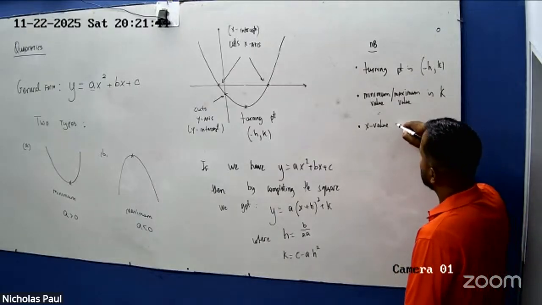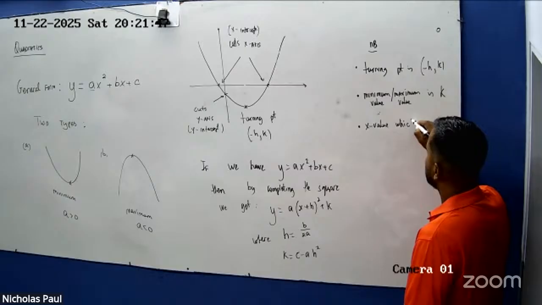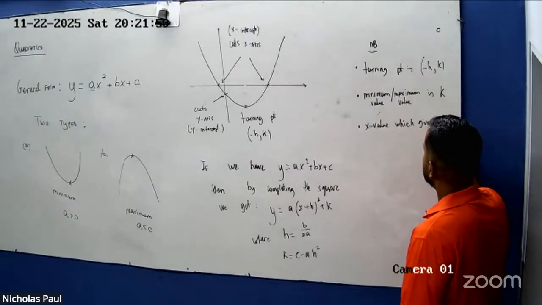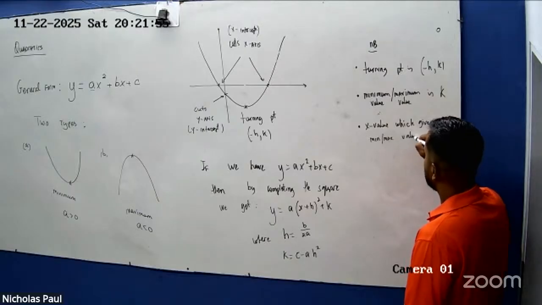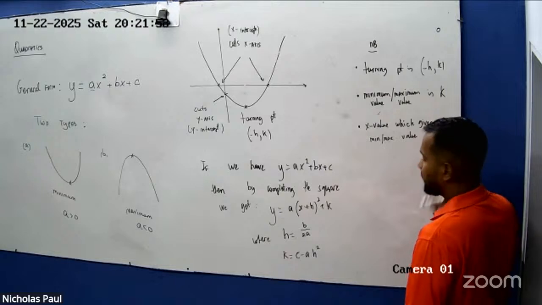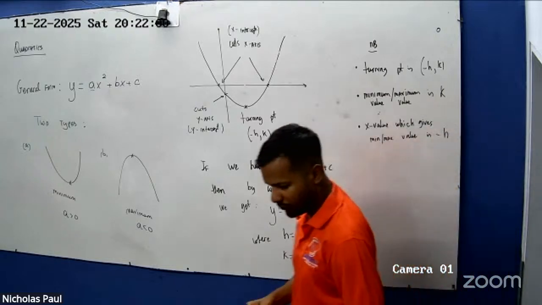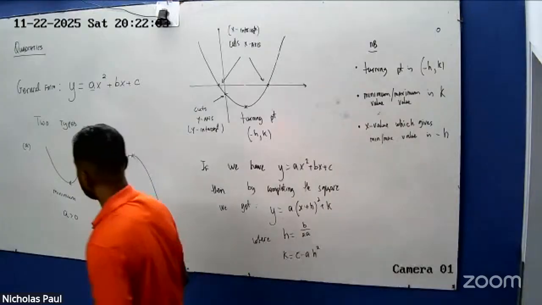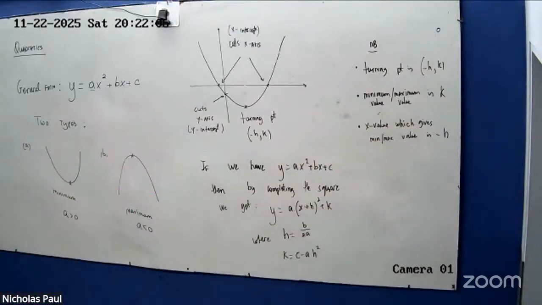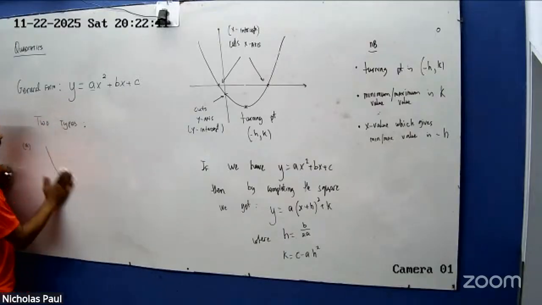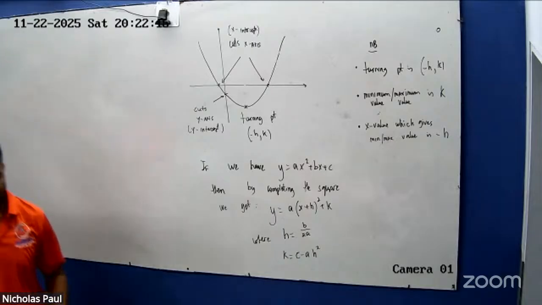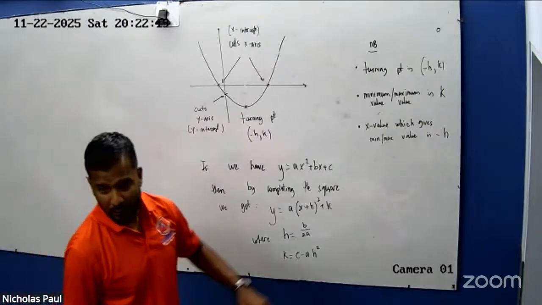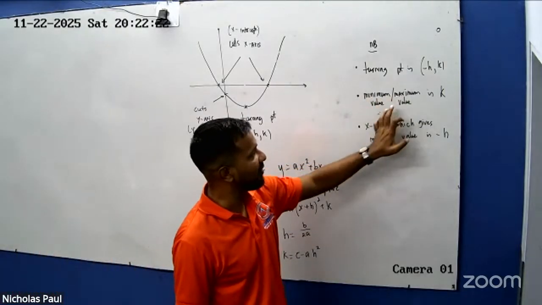The turning point, minimum or maximum value is k.